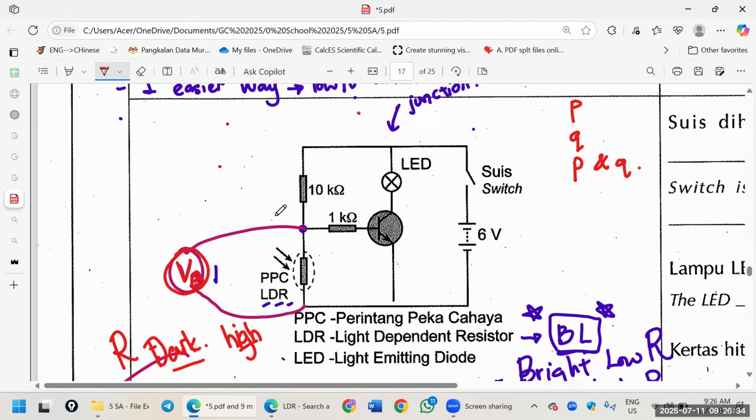So the resistance of LDR is high in the dark. So base voltage is high to switch on the transistor. So now, what current flows? You cannot just say current flow. Base current flows. So when base current flows, collector current flows, so the LED lights up. Okay, thank you very much.